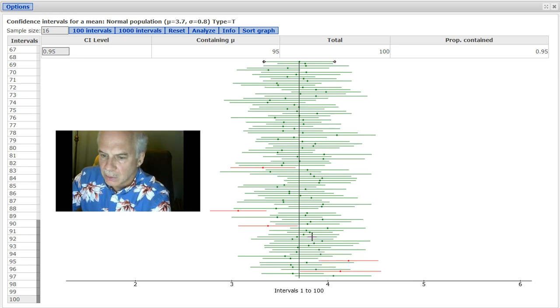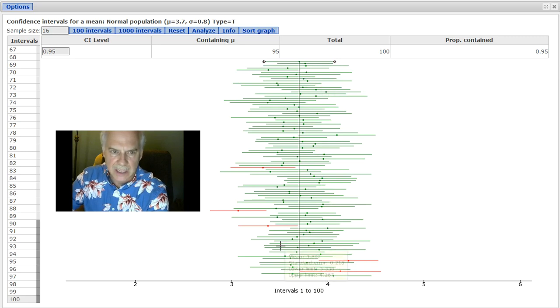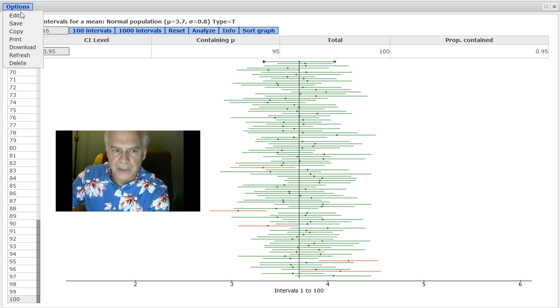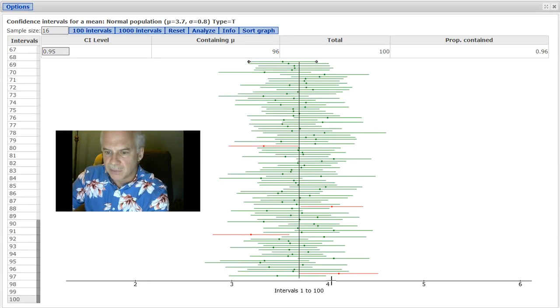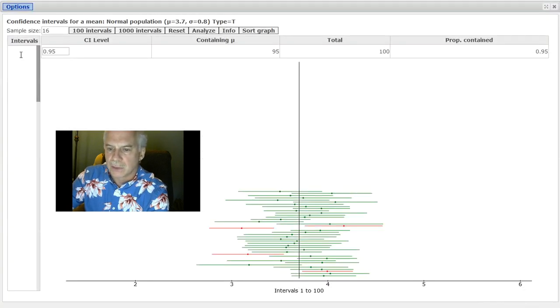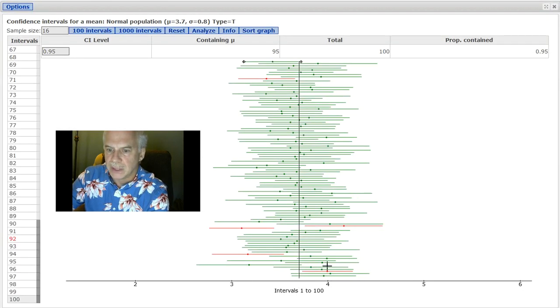It appears that 5 of these confidence intervals did not contain the true population value, and 95% of them did. And so, if I refresh this, you'll see that it won't always be 5. This time, 4 out of 100 did not. Or sometimes it could be more than that. It could be 7 or 8 or whatever. But that's the idea of a confidence interval.